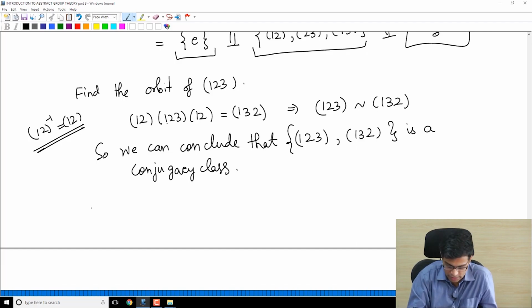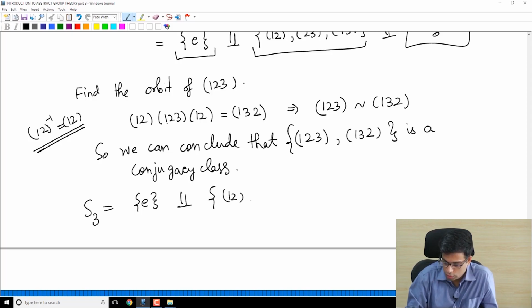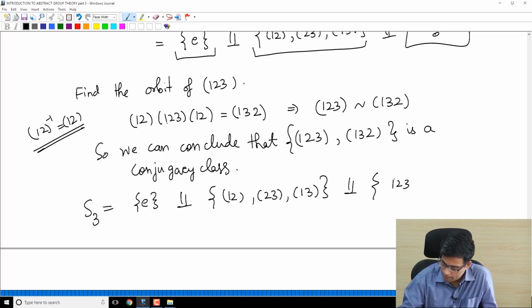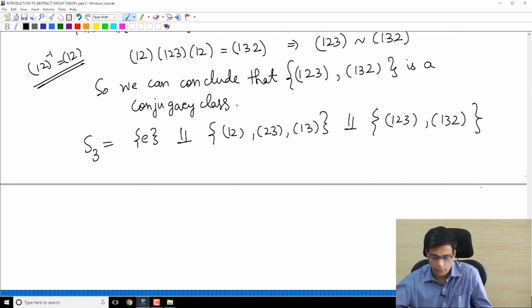So the conjugacy class decomposition of S3 would be E, disjoint union with (1 2), (2 3) and (1 3), disjoint union with (1 2 3), (1 3 2). Now let's observe one thing.